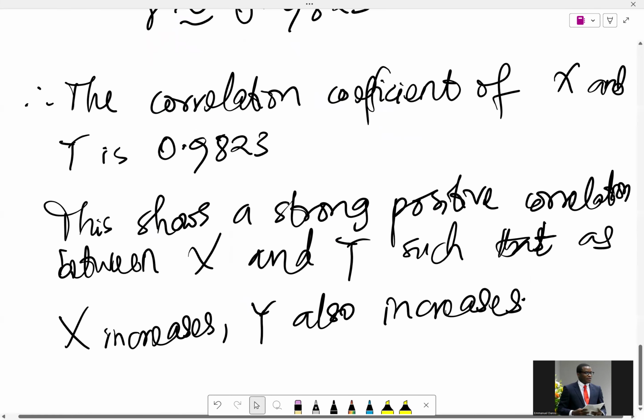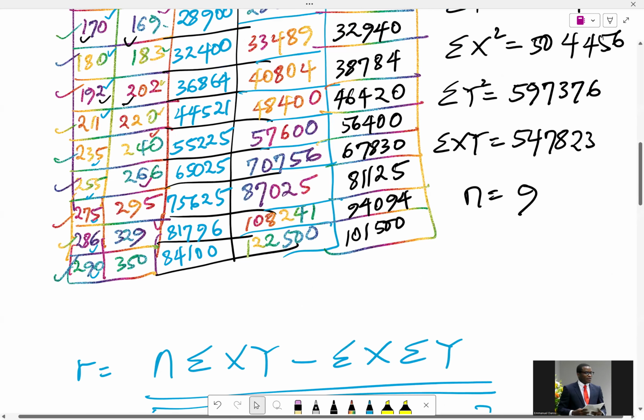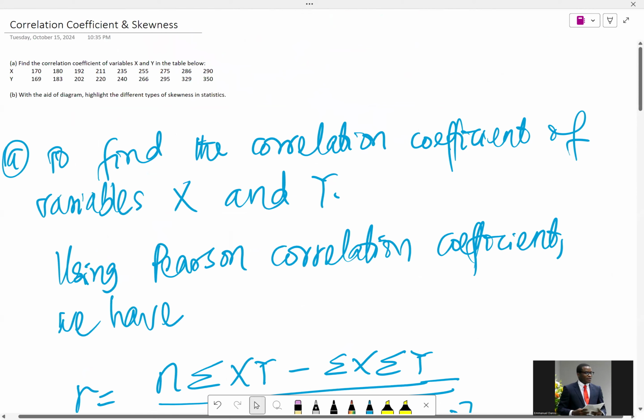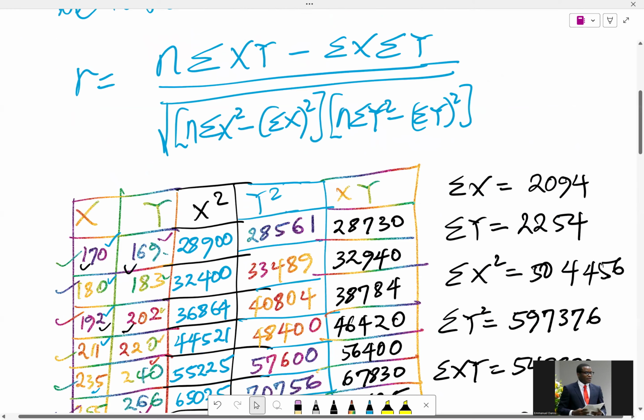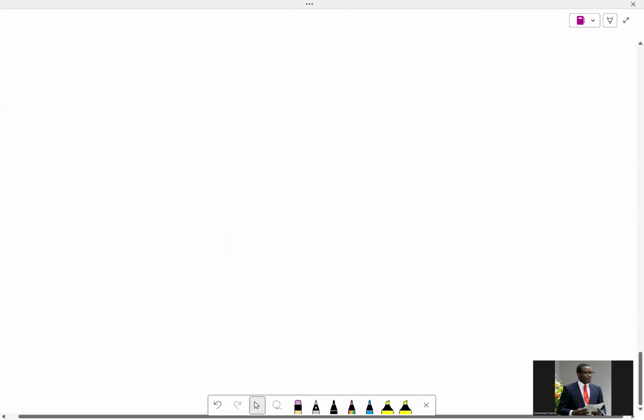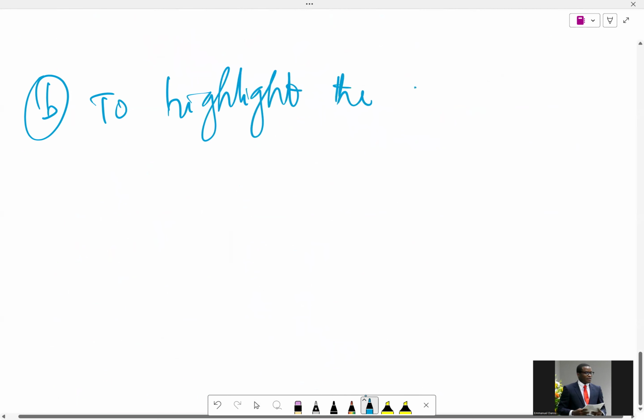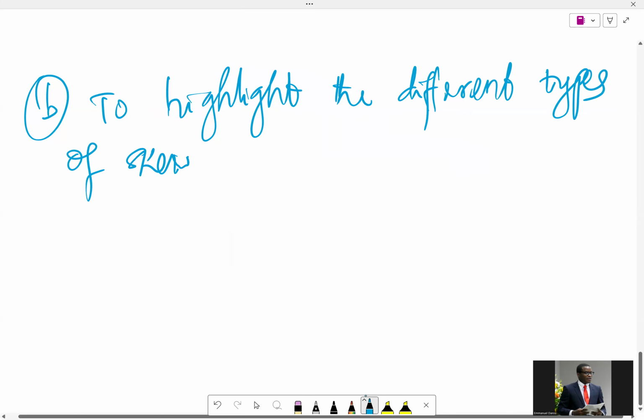So the second part is asking us, with the aid of diagram, to highlight the different types of skewness in statistics. Okay, so let's do that. That's B, right? B, to highlight the different types of skewness in statistics.